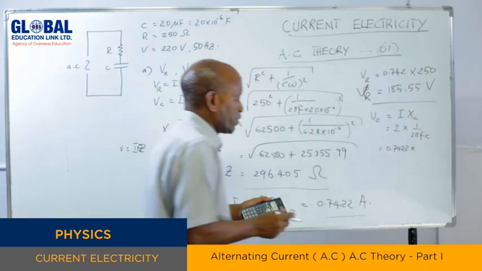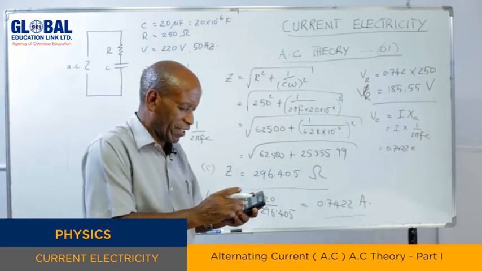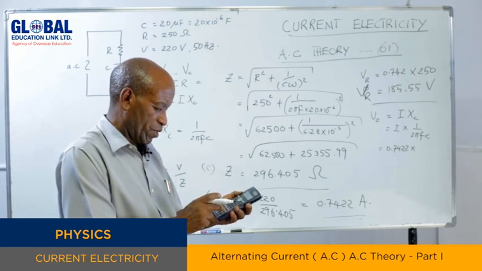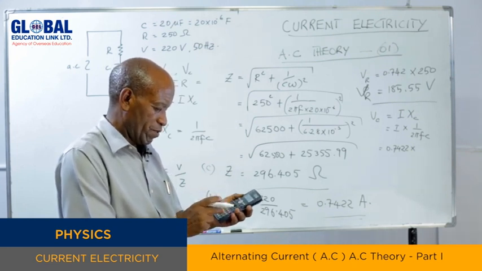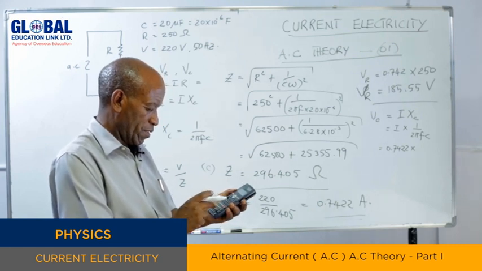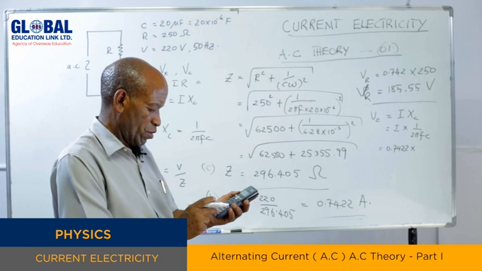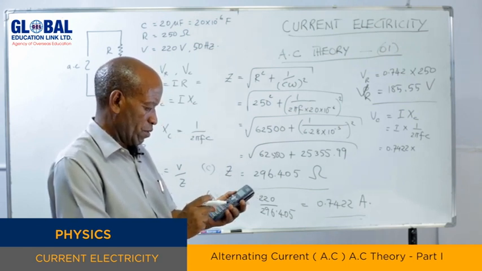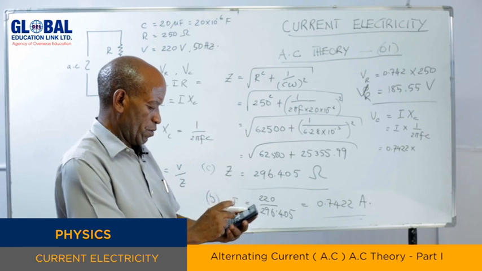Now we need to compute the capacitive reactance, so we multiply 2 times 3.14 times 50 times 20.